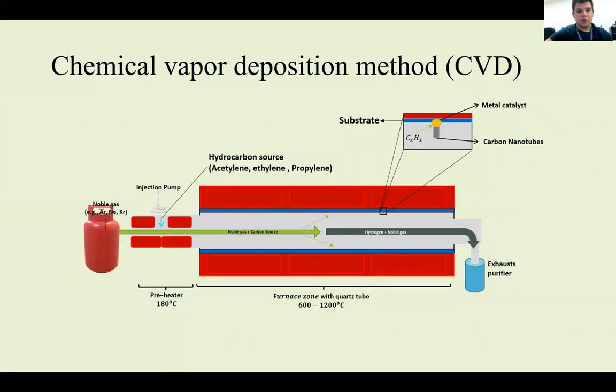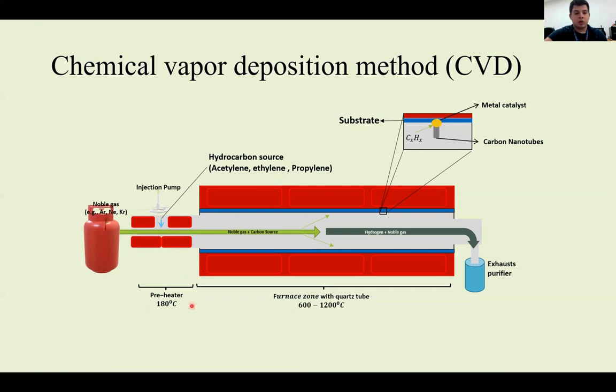Hello, I'm going to explain the vapor deposition method, which is becoming really popular in recent years due to the potential scale-up possibilities. This method consists of the pyrolysis of a hydrocarbon source such as acetylene mixed with a noble gas such as argon that produces an inert atmosphere.